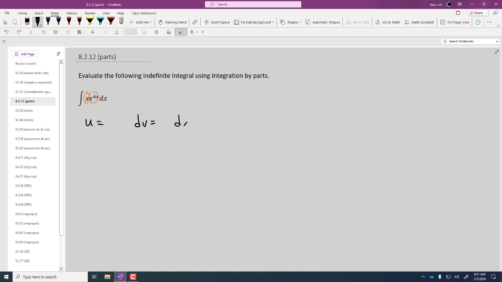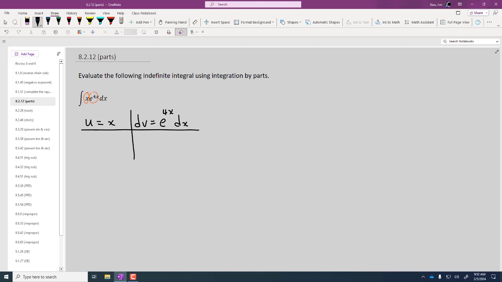And so we've got this kind of as our basic starting point. And then we say, okay, which goes where? Well, we generally, for the dv, pick the most complex part that's easily integrable. E to the 4x is more complicated to integrate than x. And so that's going to work out really well here. And we'll put the x over there.